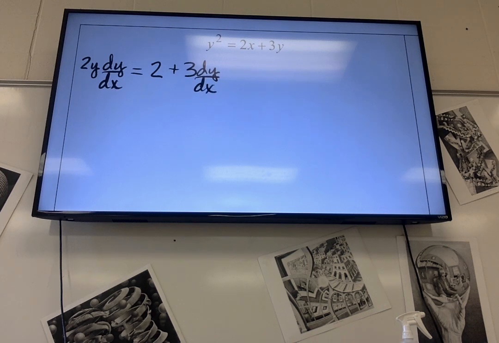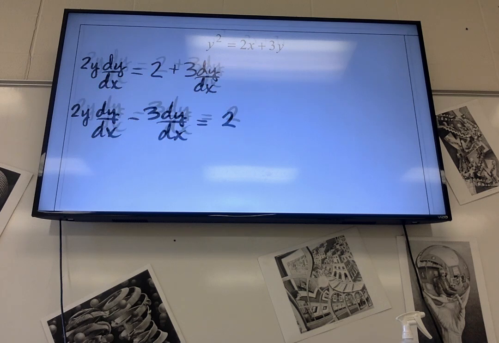Yes, because the derivative of 3y is 3, but you also have to take the derivative of y. And then you have to get the dy dx on the same side. Yep, dy dx's together. So 2y dy dx minus 3 dy dx equals 2. Then you divide by 2, I think.